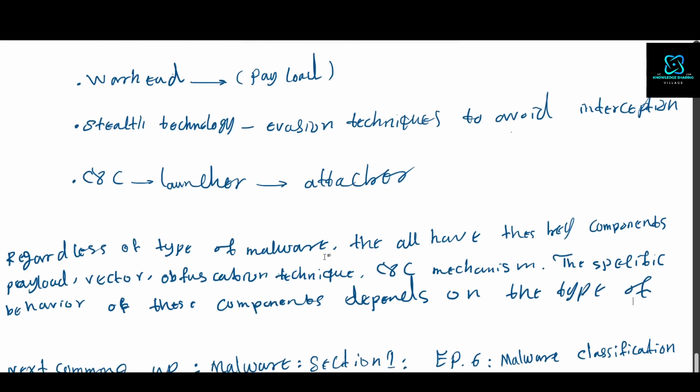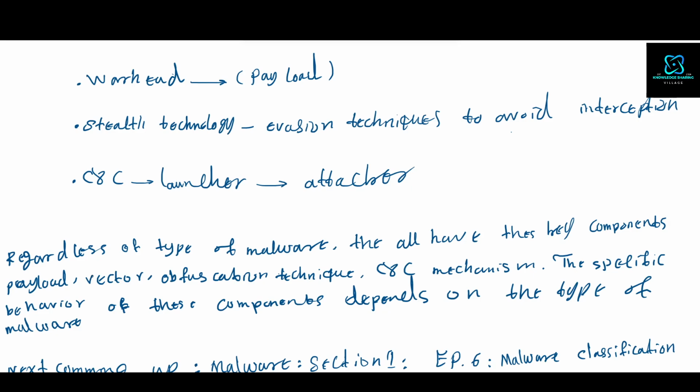Okay, so all of the malware have these key components. They have payload, they have vector, they have obfuscation techniques, and they also have command and control.